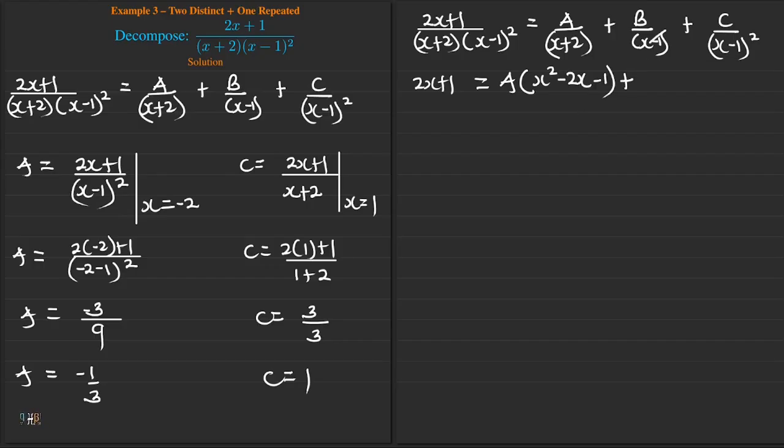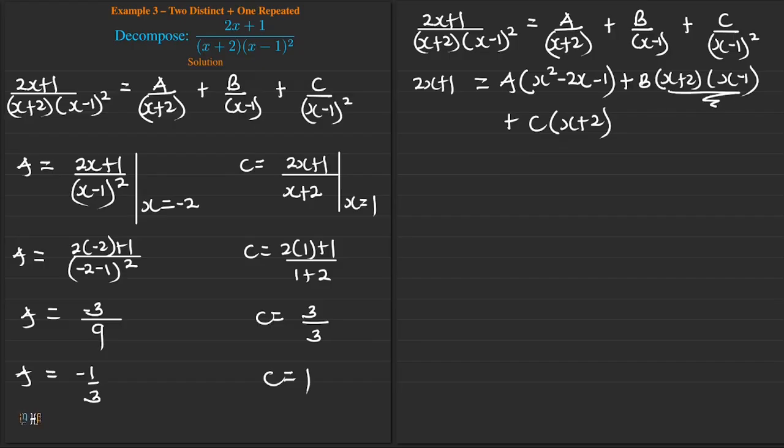Then plus b, which also takes out 1 of the x minus 1, that is b's denominator. It will be left with b into bracket x plus 2 and then x minus 1. Then we have plus our c, which also takes out this, and we would be left with into bracket x plus 2.